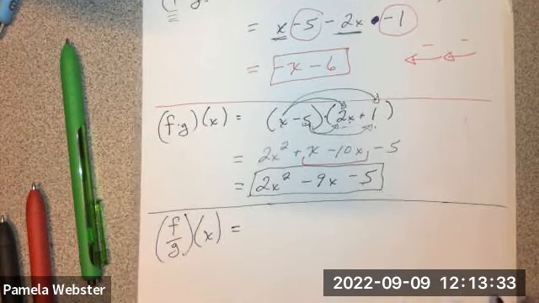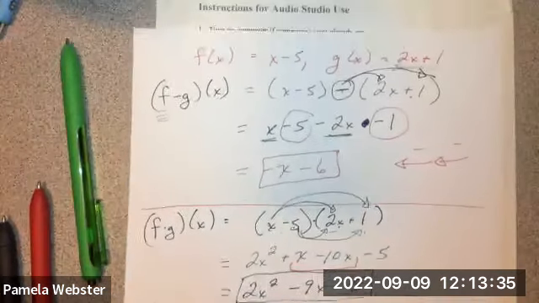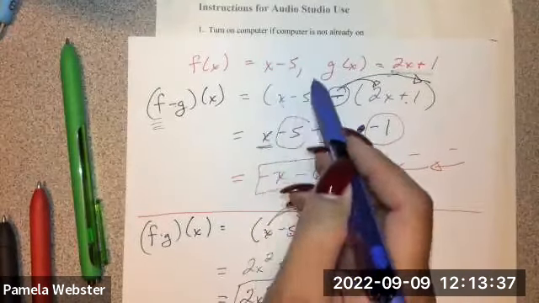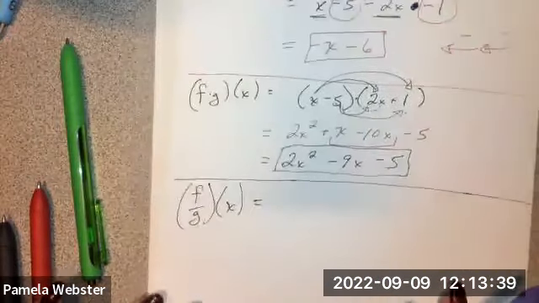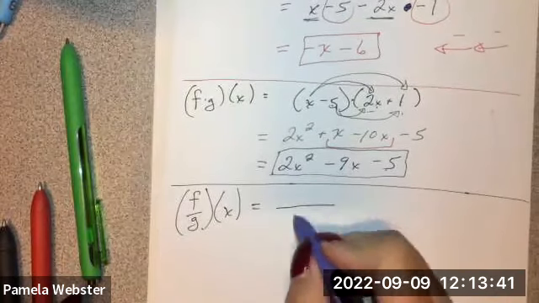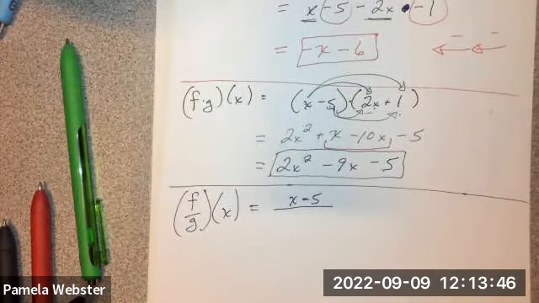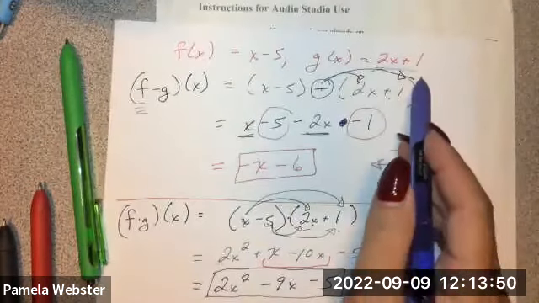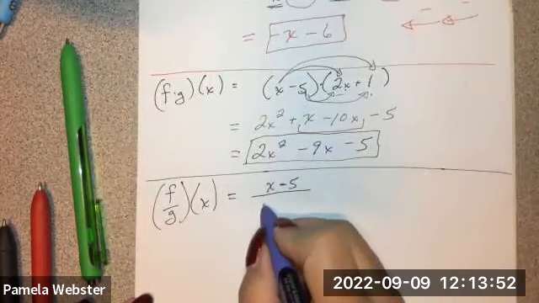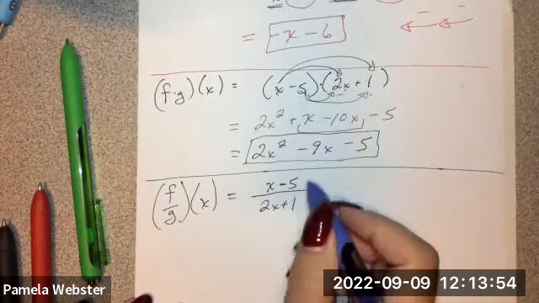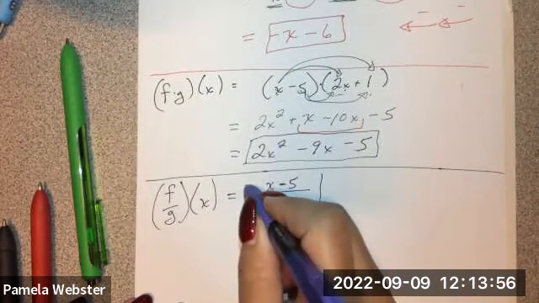Well, when I look here, the F is on top, so I want the F on top, right? So remember, F was x minus 5. So I'm going to have a fraction bar, and on the top here, I'm going to write x minus 5. And then the G is on the bottom. Hope everybody's okay with that. And remember that the G was 2x plus 1.